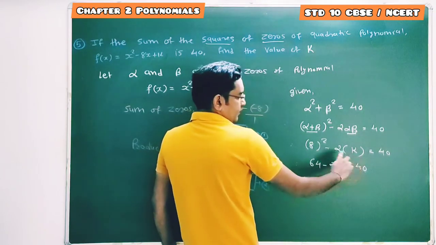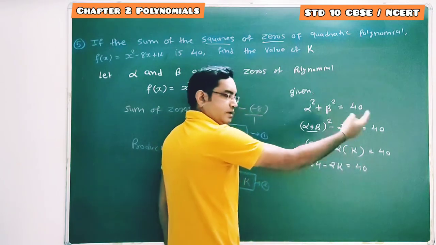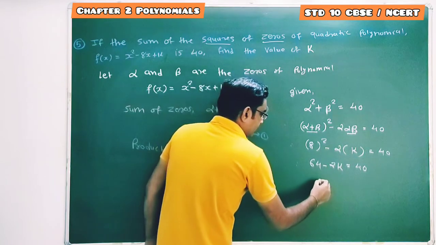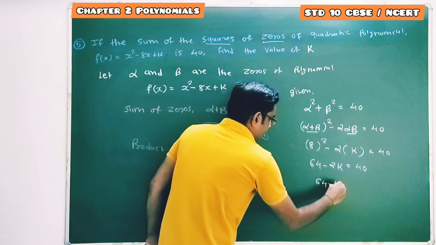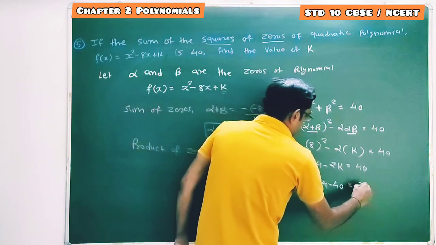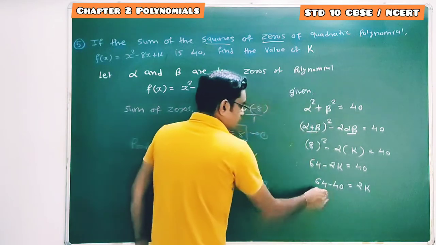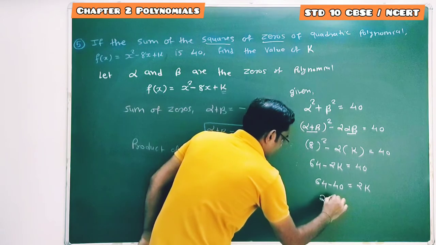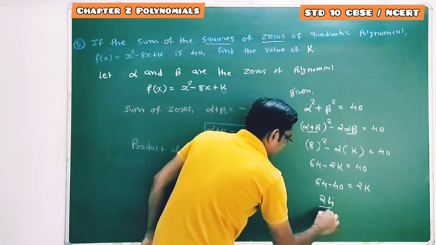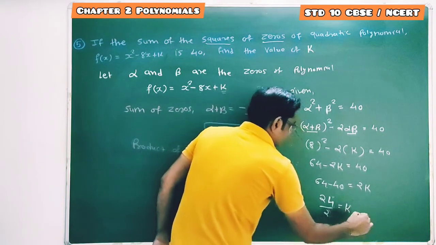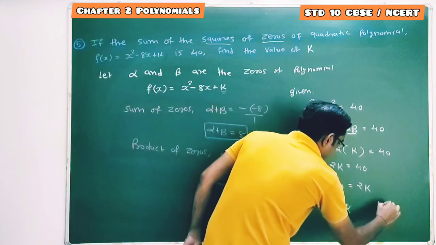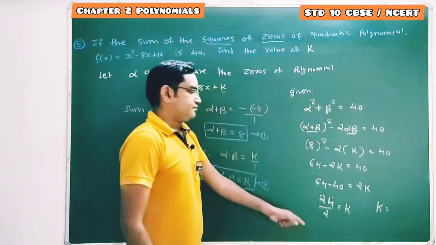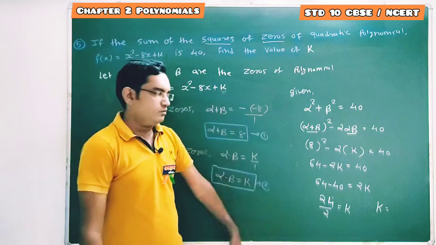Taking 40 on the left hand side and minus 2k on the right hand side, 64 minus 40 equal to 2k. 24 divided by 2 equal to k, and therefore we are getting the value of k as 24 by 2, 12.